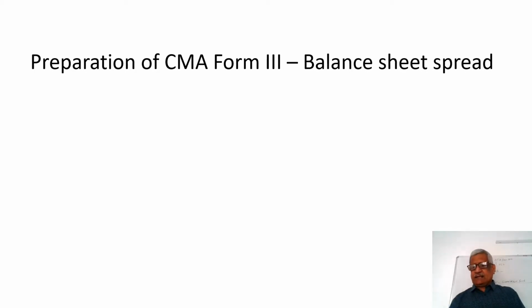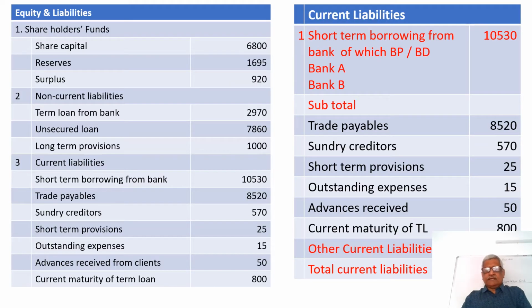Let us now look at the balance sheet that we have. First, let us go to the equity and liability side. In the balance sheet format, the first item which comes is the shareholders' fund: share capital, reserves and surplus. In the company's format, which is prescribed by the Companies Act, there are two more items.